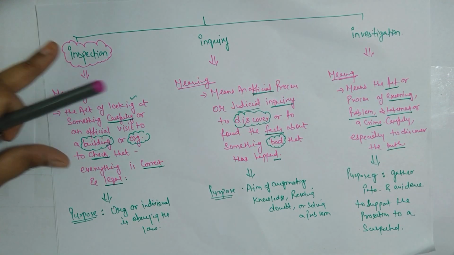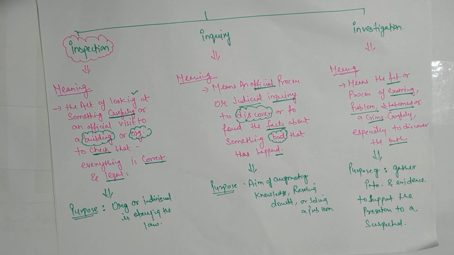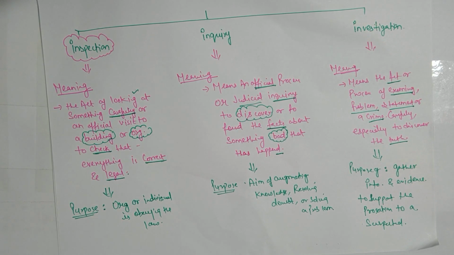Whatever charges are on that suspect, to support that prosecution, you have to gather information and evidences to prove the crime, to prove the problem in your statements, to find the error in the financial statement. This is the purpose of your investigation.